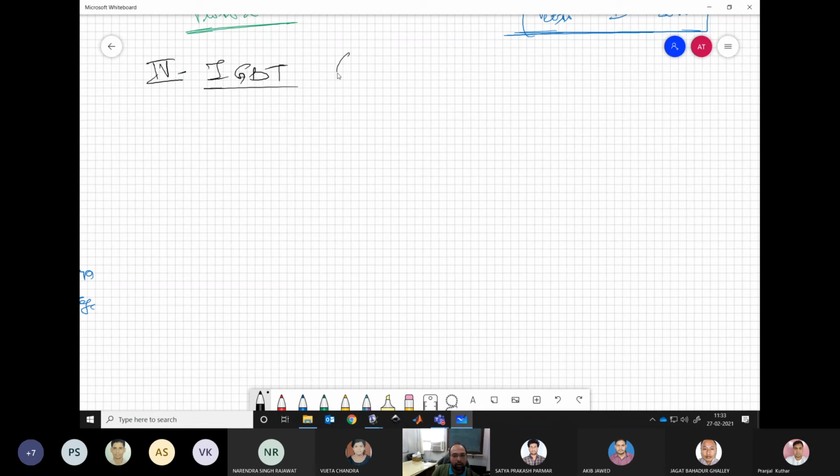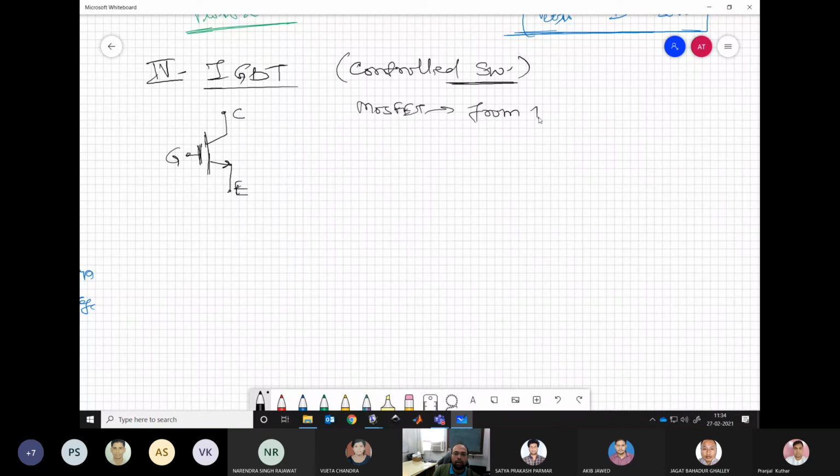This is also a controlled switch, and the symbol for this device is well known, similar to BJT on the power side and very similar to MOSFET on the gating side. So we have gate instead of base, what we have seen in the BJT, and we have collector and emitter. This is very similar to MOSFET from the gate side.